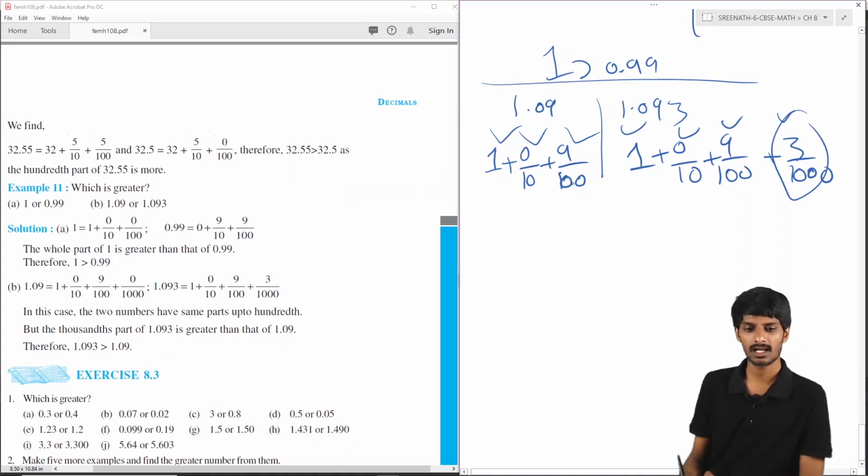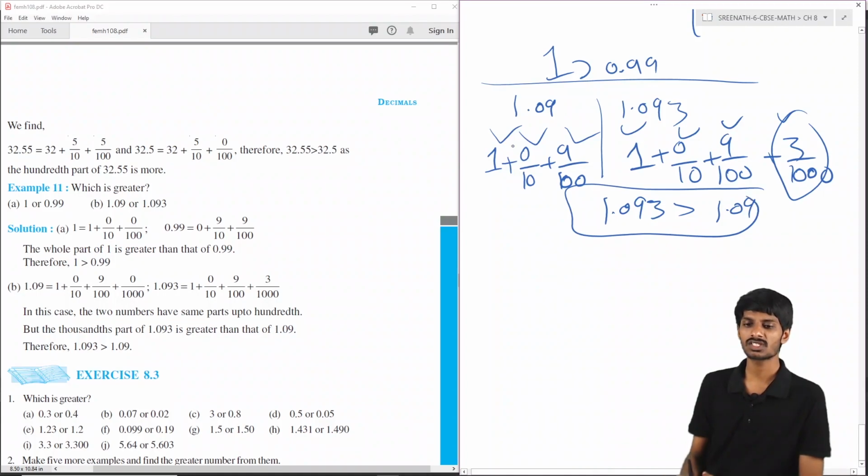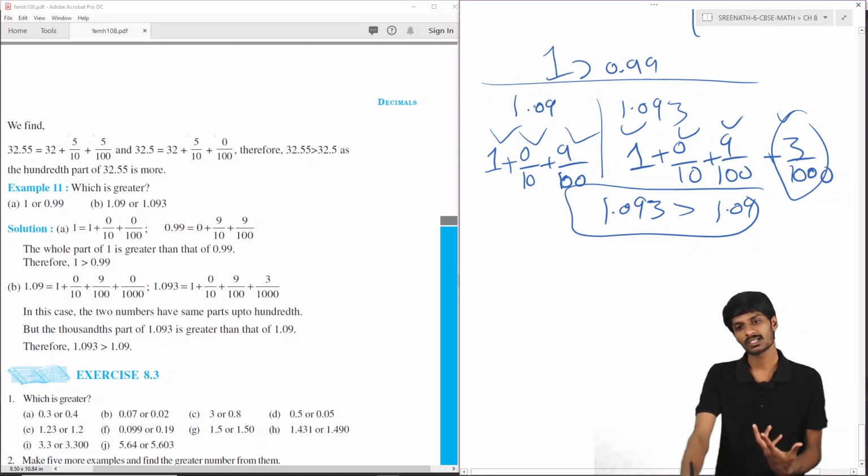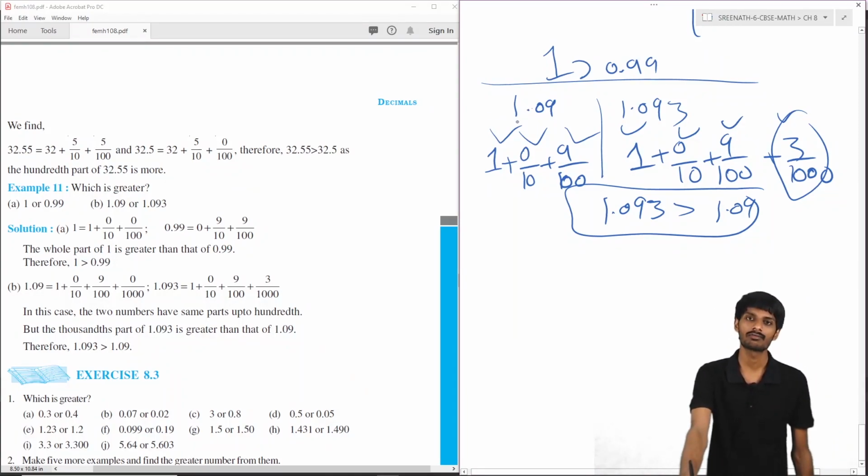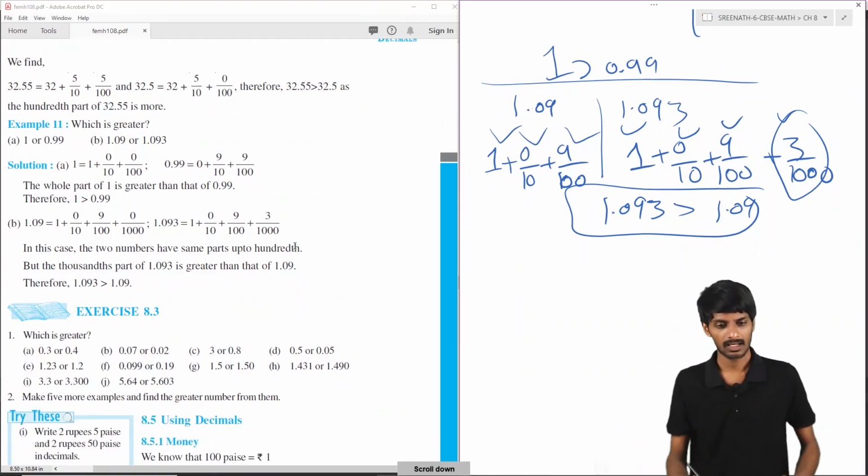So that's why this is the greater term, students. Finally, 1.093 is greater than 1.09. Like that, first compare the places to the left of the dot, students.